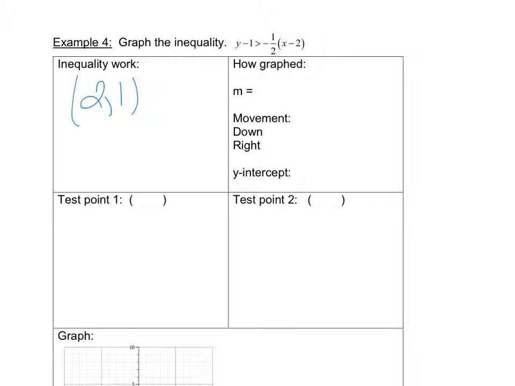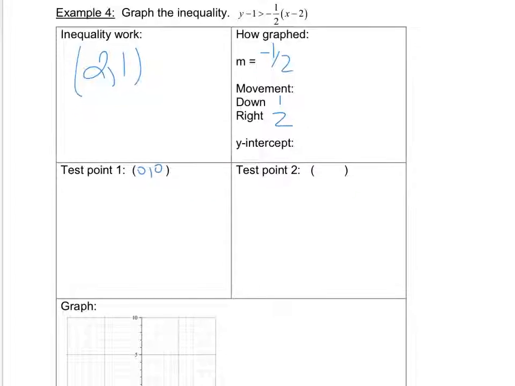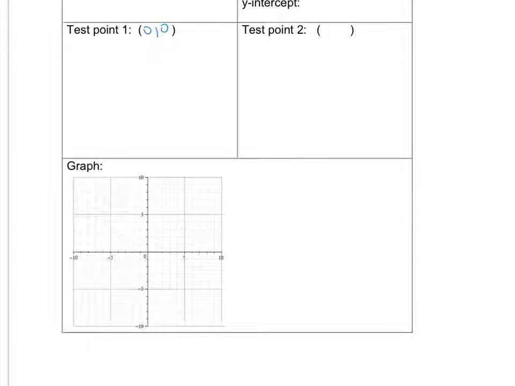Because remember point slope form x minus h, y minus k. And we know the slope is negative 1/2, which means down 1, right 2. Y-intercept doesn't matter. It's not going to go through the point 0, 0, so that's what our test point's going to be. Well, maybe it will. Let's find out.